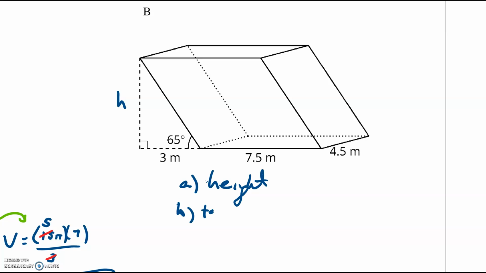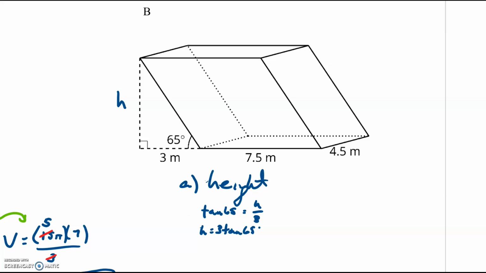I know that the tangent of that 65-degree angle is equal to the opposite, or h, over 3. So then my height is whatever 3 times the tangent of 65 is, because I multiply both sides by that denominator.